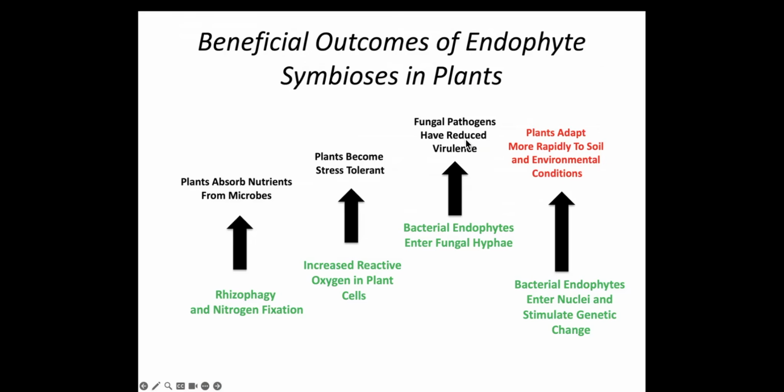They have fungal pathogens. They go into the soil and also into the plant and they affect the fungi. They cause the fungi to be non-pathogenic or less pathogenic, to have reduced pathogenicity, right? Reduced virulence. And the other thing that they do is they will go into the nuclei of the plant, developing nuclei, and turn on genes that help the plants adapt more rapidly to whatever the conditions are.